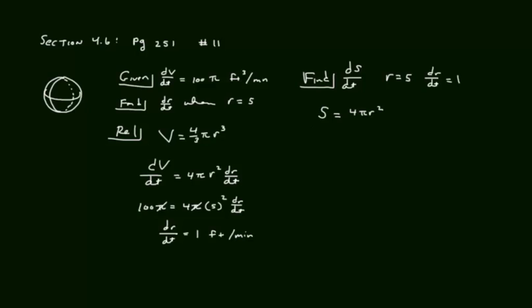Not a coincidence that that is the derivative of volume, but anyway, we take the derivative of this and we get dS/dt equals 8 pi r dr/dt. And at the snapshot in time, dS/dt will equal 8 pi, radius is 5, dr/dt is 1, so that will come out to be 40 pi feet squared per minute.